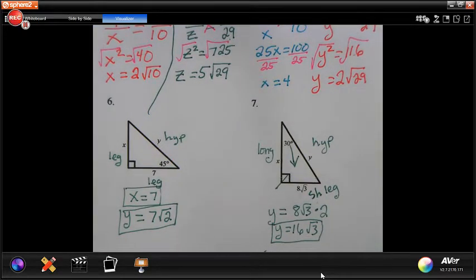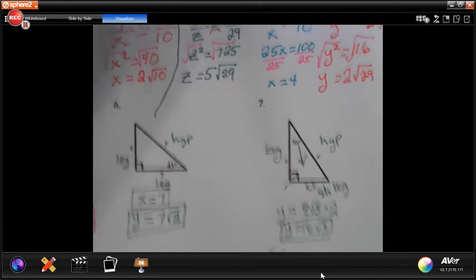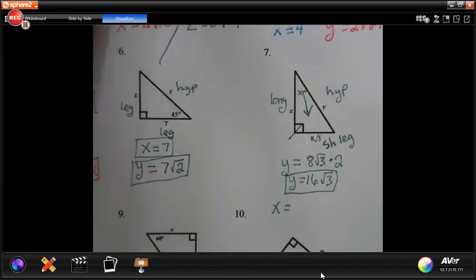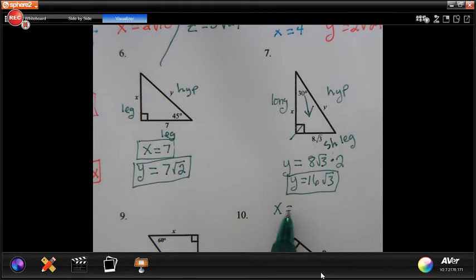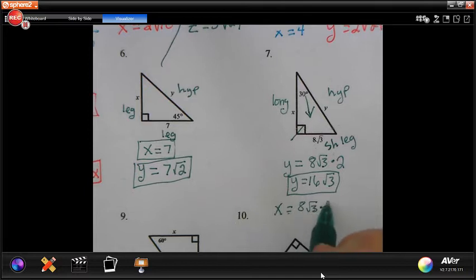So x being the long side, let me just move down a little bit. There we go. So x being the long side equals the short side. The short side is 8 radical 3 times a radical 3. Well, radicals can be multiplied to each other. If this was radical 3 and this was radical 2, we could multiply it. If this was radical 5 and this was radical 3, we could multiply it.